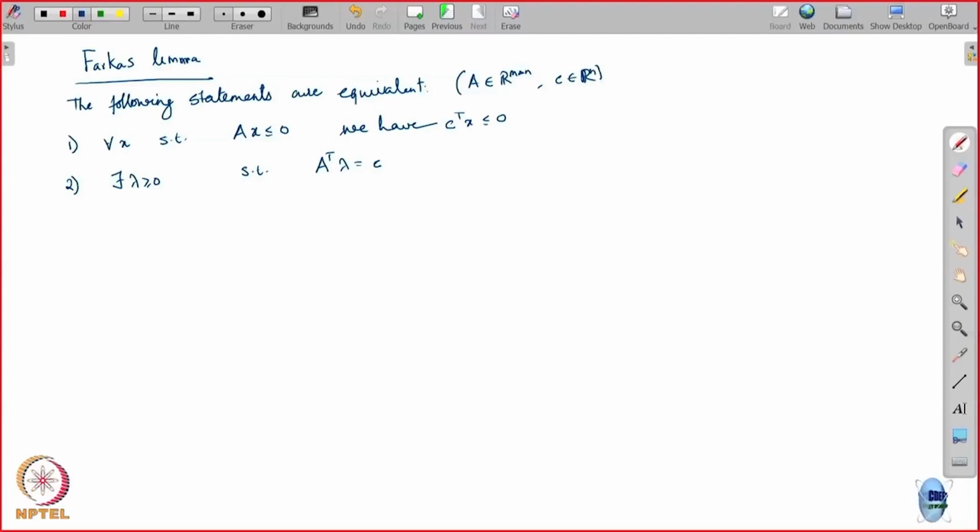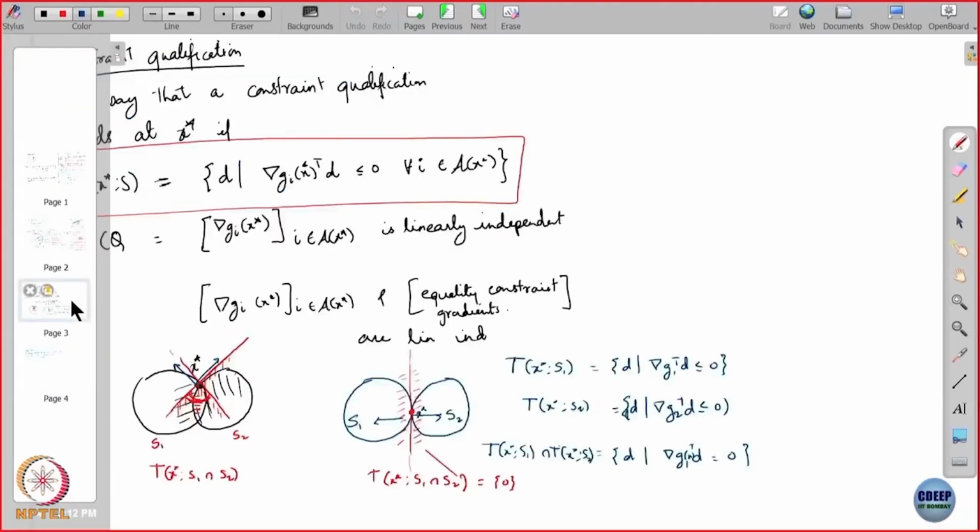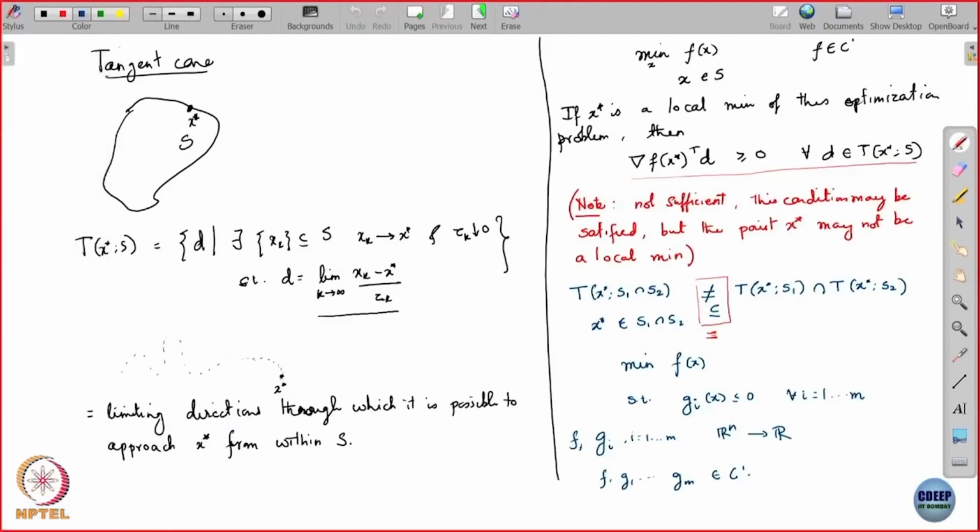Now what we will do is apply Farkas lemma to the two things that we have. We have what I proved in the previous lecture, which is this statement: if x star is a local minimum of this optimization, then the gradient of f at x star transpose d is greater than or equal to 0 for all d in the tangent cone.